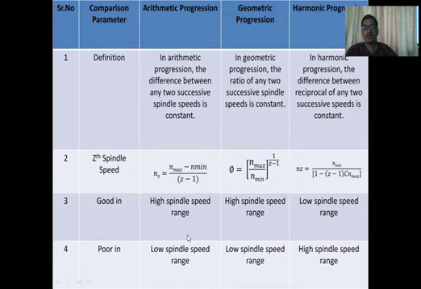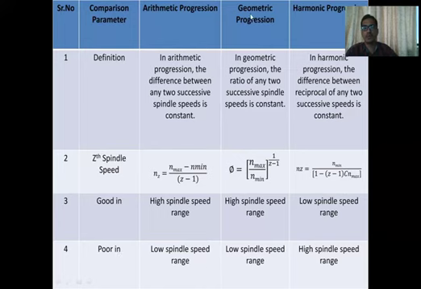Next is the poor parameter. The arithmetic progression is poor in the low spindle speed range. Then the geometric progression is also poor in the low spindle speed range, but the harmonic progression is poor in the high spindle speed range. So a gearbox designed with the arithmetic progression will perform poorly in the low spindle speed range.